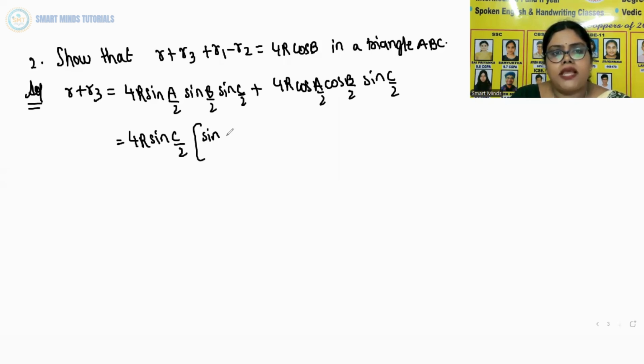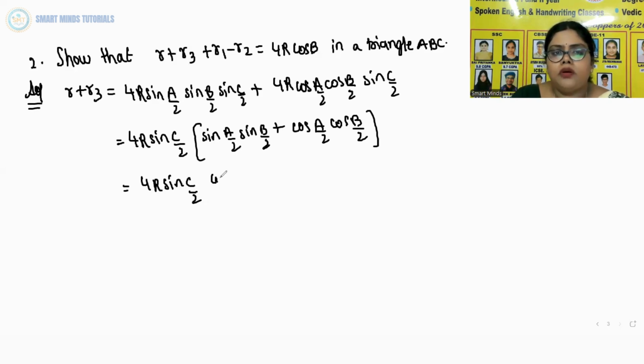So we will get sin A/2 sin B/2 plus cos A/2 cos B/2. Now this bracket is in the form cos A cos B plus sin A sin B, and the formula is cos(A minus B). So 4R sin C/2 cos((A minus B)/2). This is the value for r plus r3.